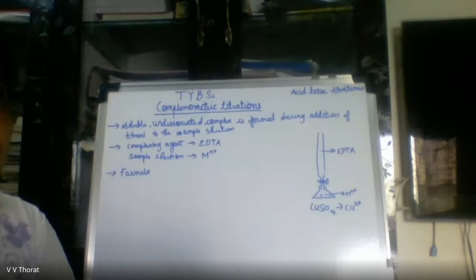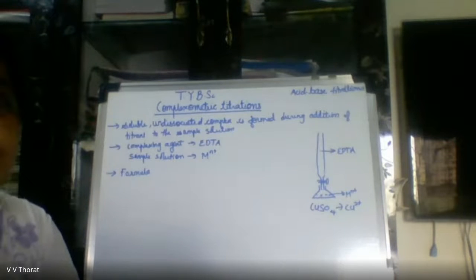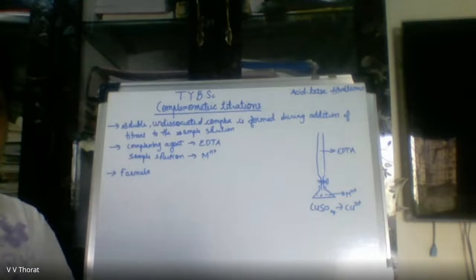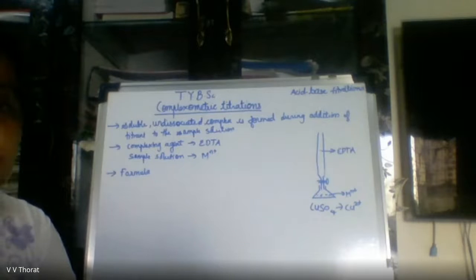Soluble undissociated complex is formed during addition of titrant to the sample solution. Now, what is a titrant? Titrant is a burette solution. Very good, Vaishnavi. Mute yourself. In simple words, complexometric titration is one in which a complex is formed, but the complex should be in soluble form.